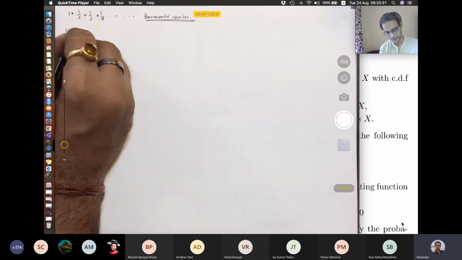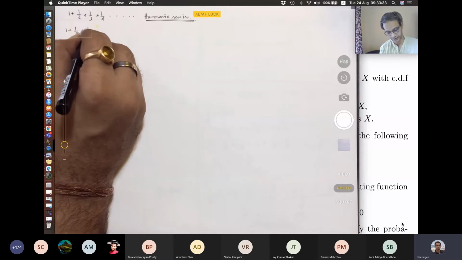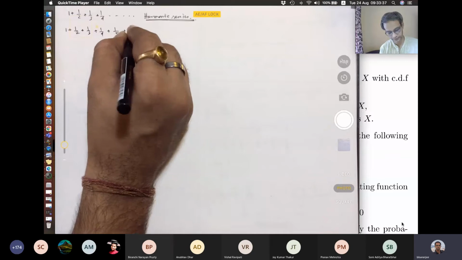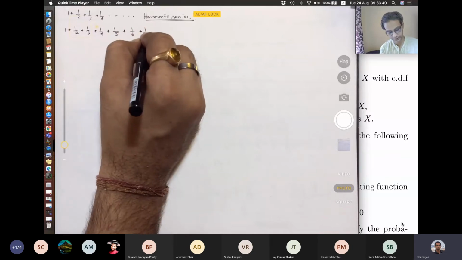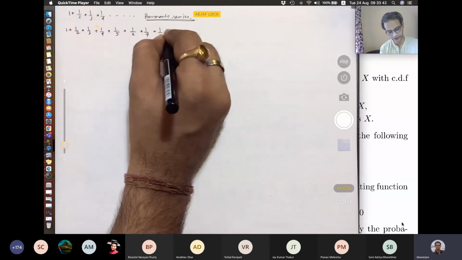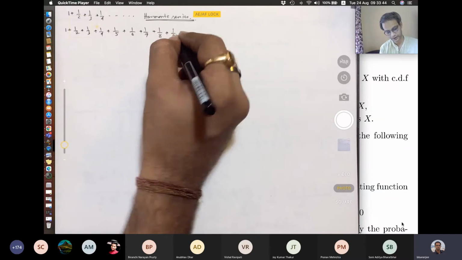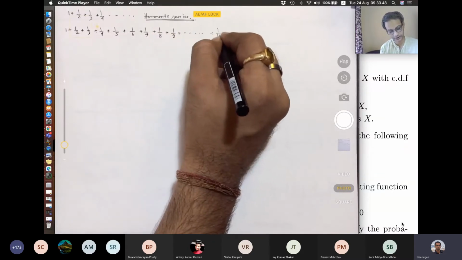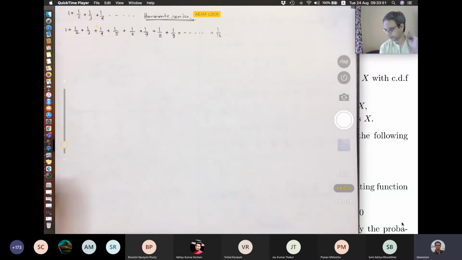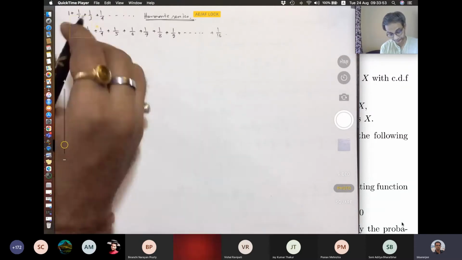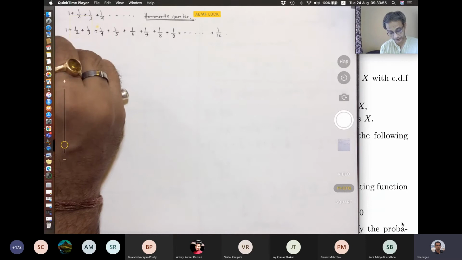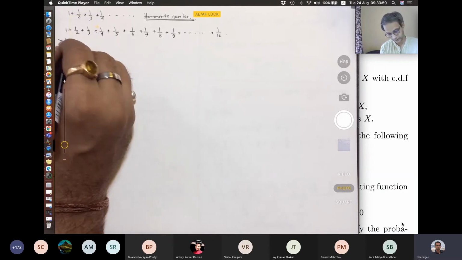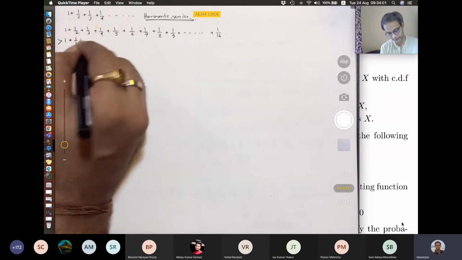1 plus 1 by 2 plus 1 by 3 plus 1 by 4 plus 1 by 5 plus 1 by 6, 1 by 7, 1 by 8, 1 by 9, dot, dot, dot, 1 by 16. So you write everything. Now I am replacing this quantity with a lower number, 1 plus half.